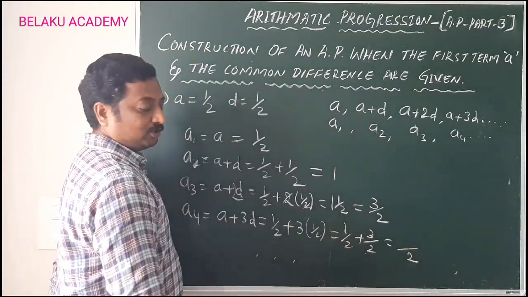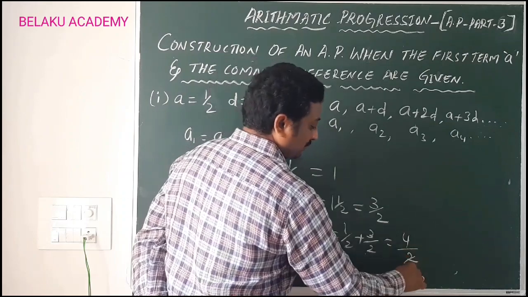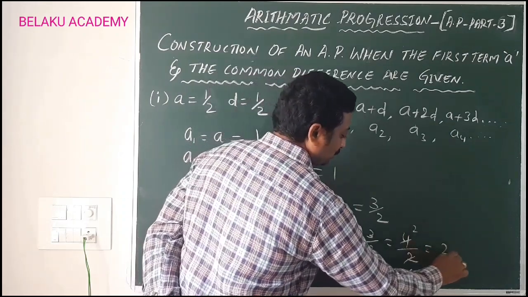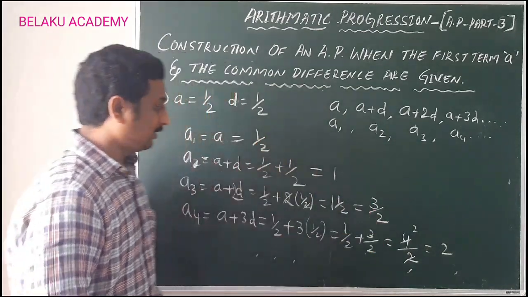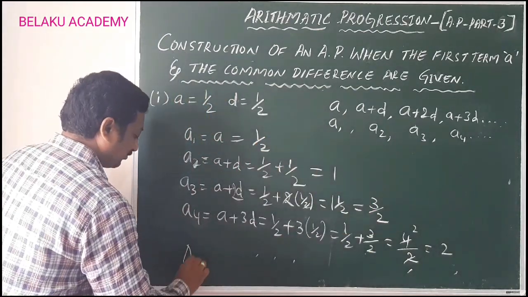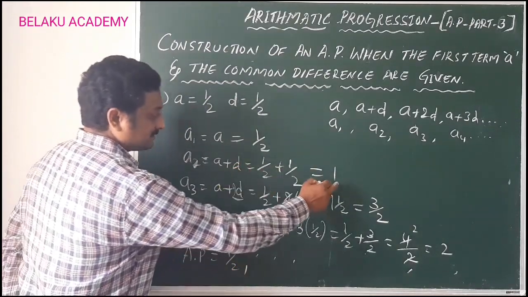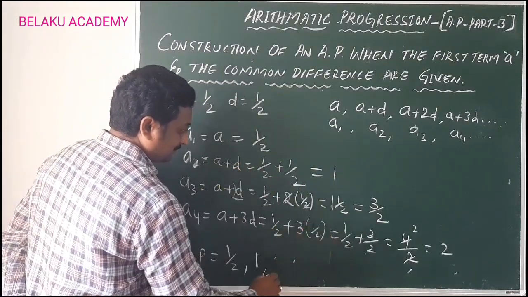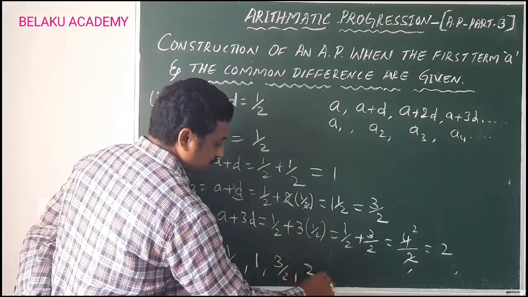Just add the numerators. 1 plus 3 is 4. So 4 by 2 is equal to 2. Now we got 4 terms of the AP which we are going to construct. Therefore AP is equal to 1 by 2 first term, second term is 1, third term is 3 by 2, and the fourth term is 2.